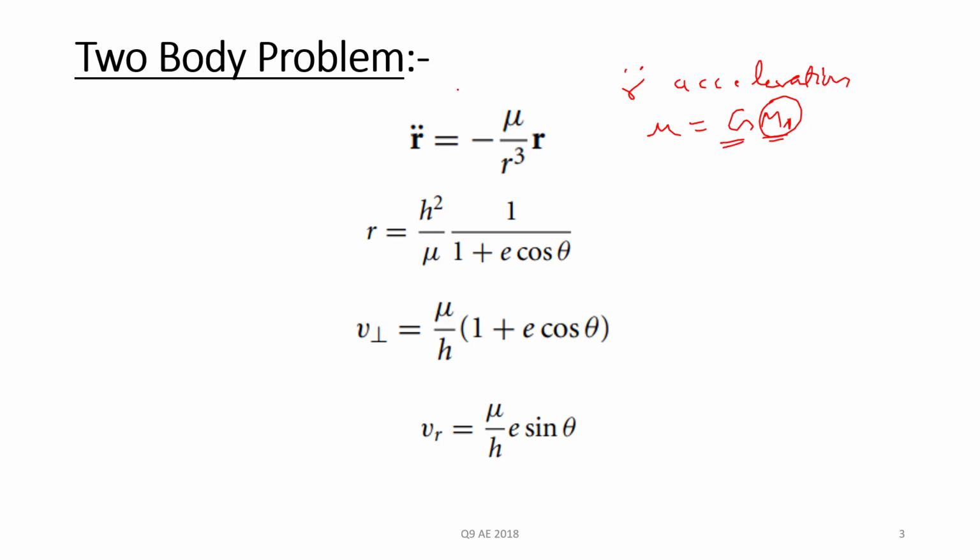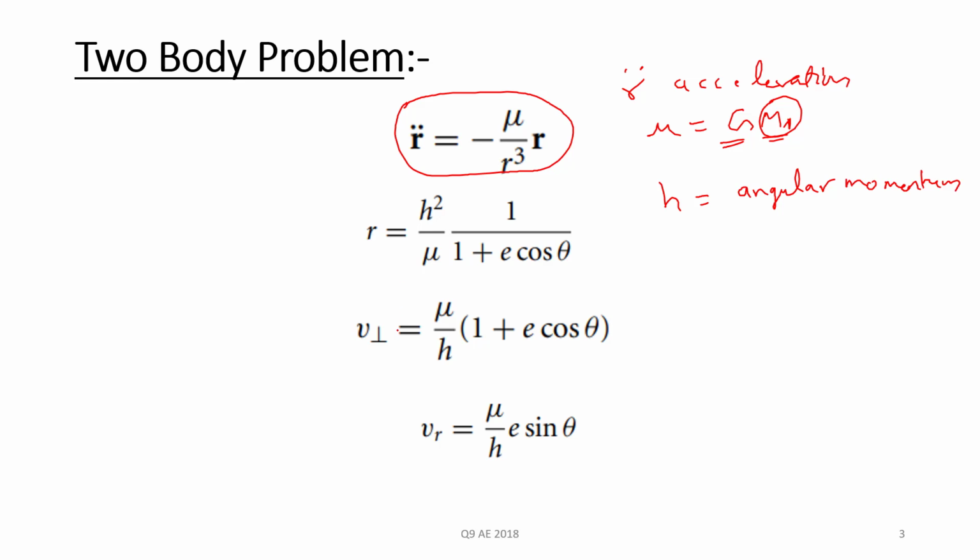If we solve this equation and use Kepler's law, we will get r equal to h square upon mu times 1 upon 1 plus e cos theta. Here h is the angular momentum, and e is the eccentricity.